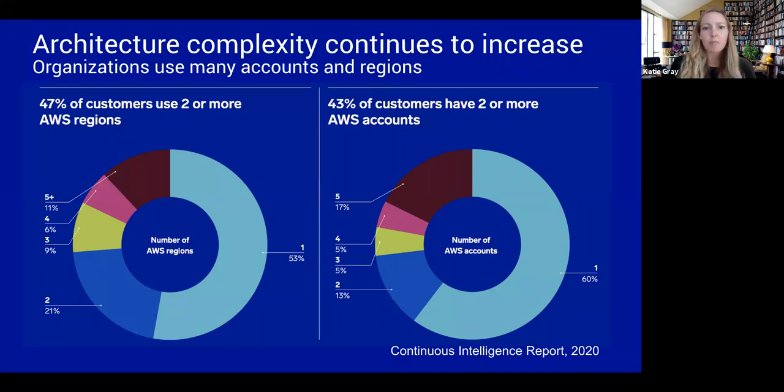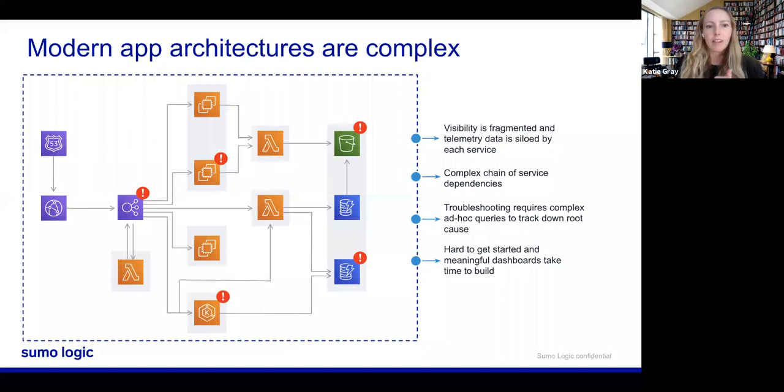And also 43% of customers use 2 or more AWS accounts. And of course, this is pretty typical for AWS customers to split their environment into multiple accounts for billing or a number of other reasons. And really, it's recommended in a lot of cases. But what this actually means is that sometimes it can make that architecture super complex.